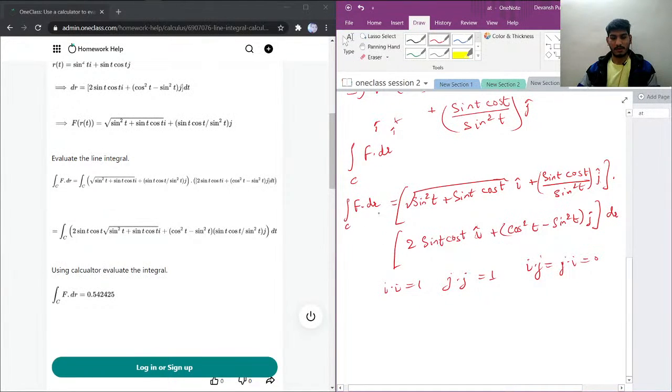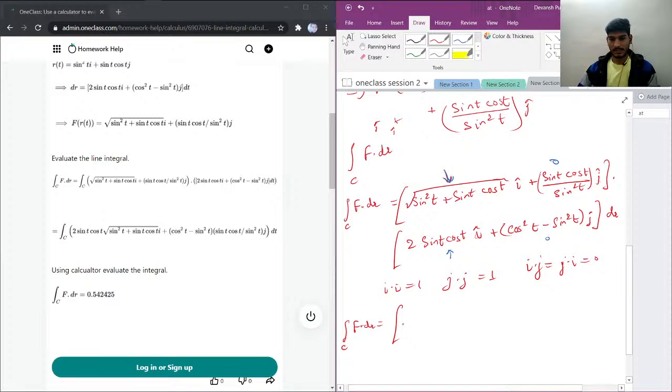So this is a dot product, so we'll just take the dot product, F dot dr. So this means that this particular term is going to multiply with this particular term, and this will multiply with this.